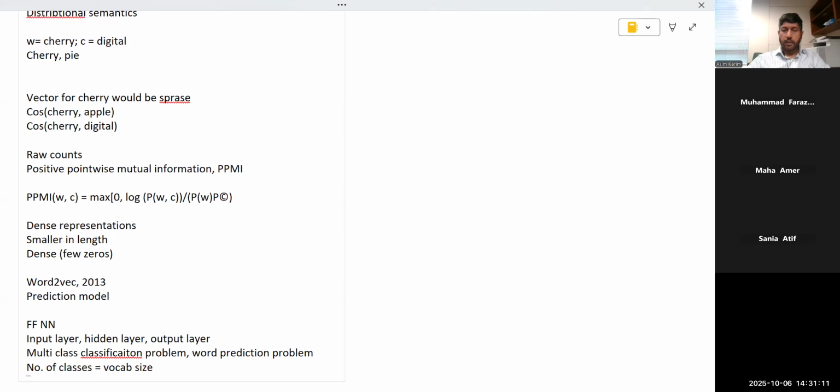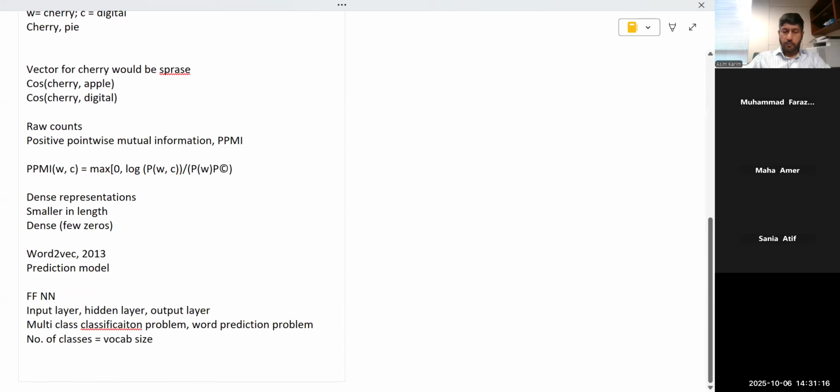So we have an input layer, a hidden layer, and an output layer. First let me describe what we want to classify. When Word2Vec was originally proposed, they proposed two slightly different ways of running this. One was called the skipgram.